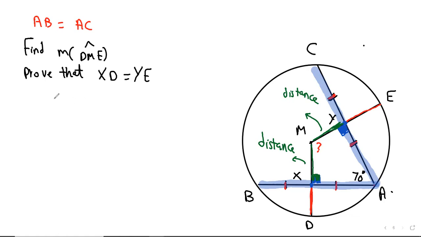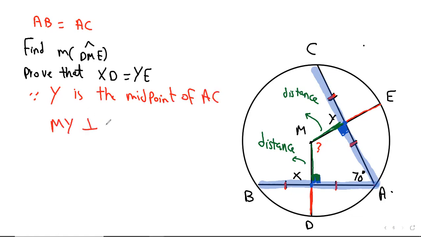So here, we must show that since Y is the midpoint of AC, MY is perpendicular to AC.